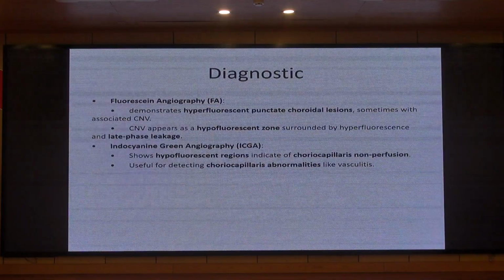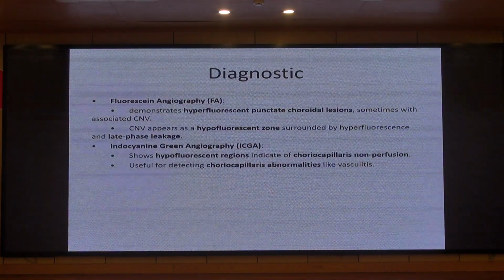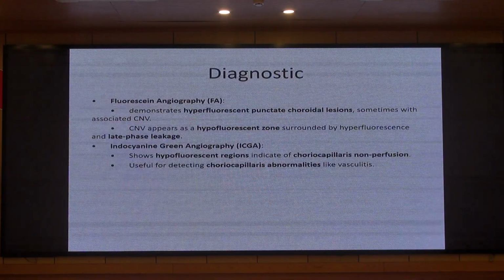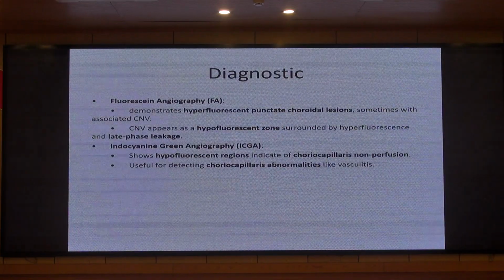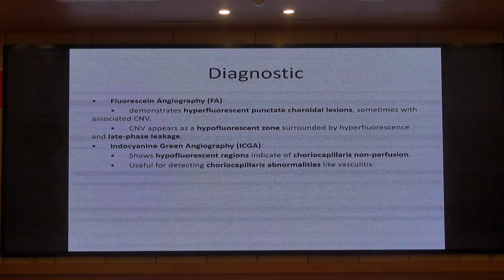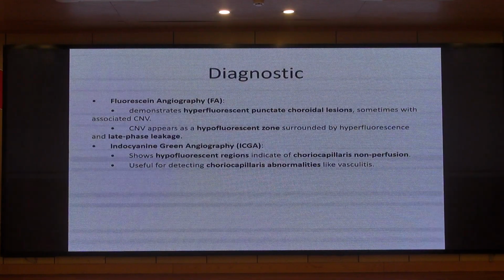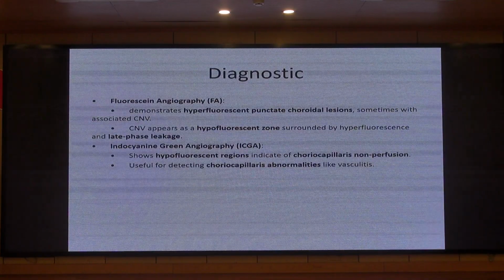Next is fluorescein angiography. This technique demonstrates hyperfluorescent panchoroidal lesions, sometimes with associated CNV. When present, CNV appears as a hyperfluorescent zone surrounded by a hypofluorescent rim and shows progressive leakage.